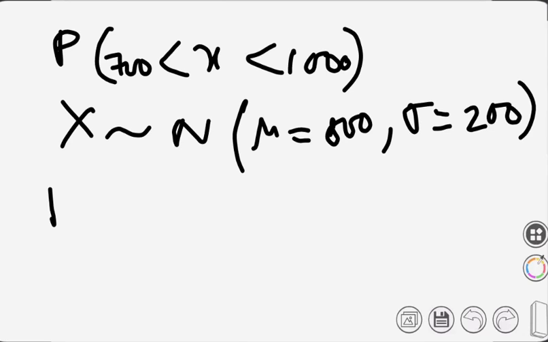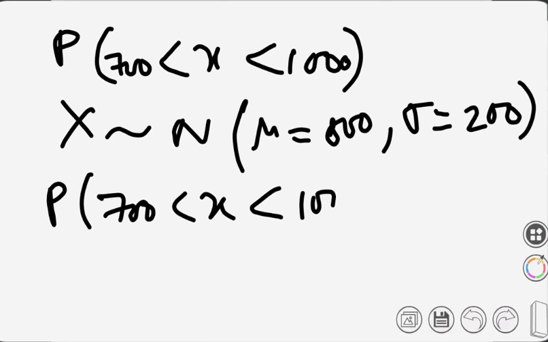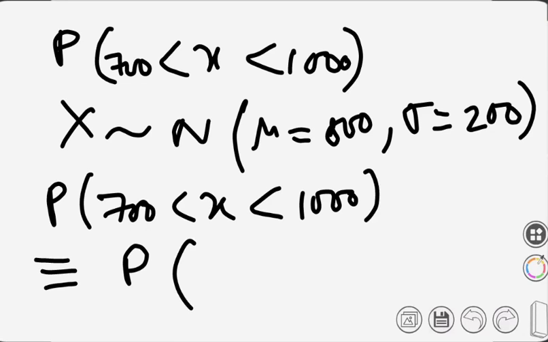So probability x lying between 700 and 1000 is equivalent to probability z lying between these two values. Which are the two values?